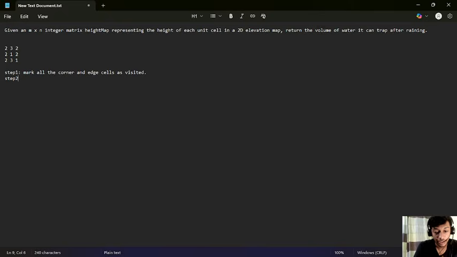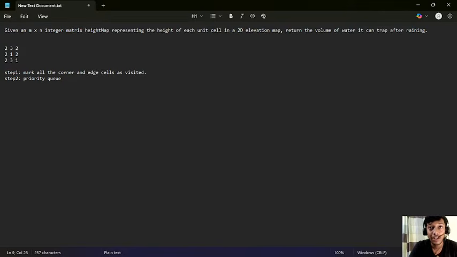And in step 2, what are we going to do? We are going to use a priority queue to get the minimum height of the walls, and then we are going to fill the water between the boundaries, and then that filled cell we are again going to consider as a boundary cell.